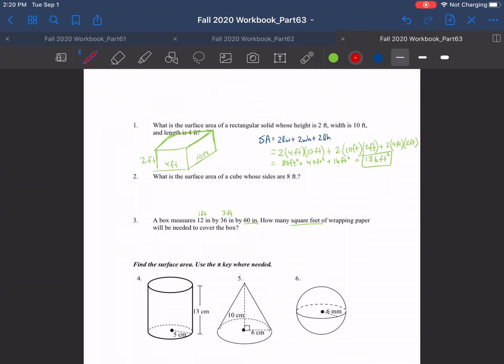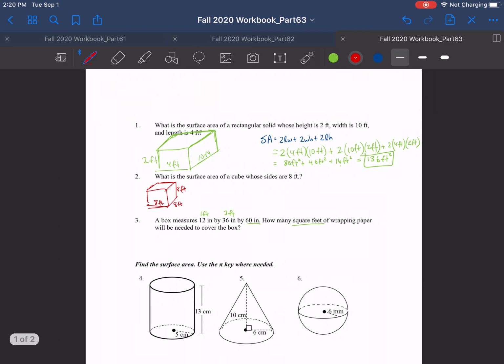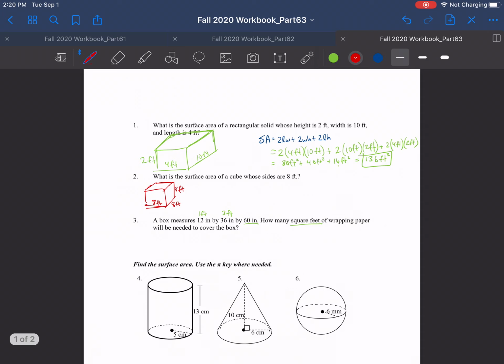And so if we have a cube, just like this, and every one of the sides is 8 feet, 8 feet, 8 feet, the length, the width, the height, then what we need to worry about is the idea that each one of our surfaces is just a square, and they are all the same square, and there are 6 of them.